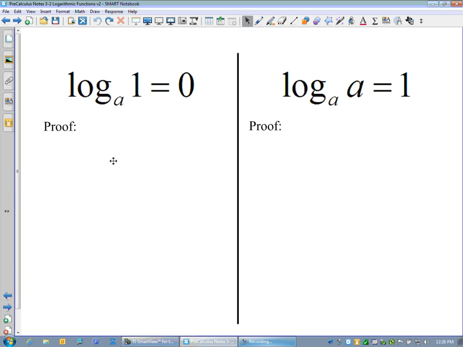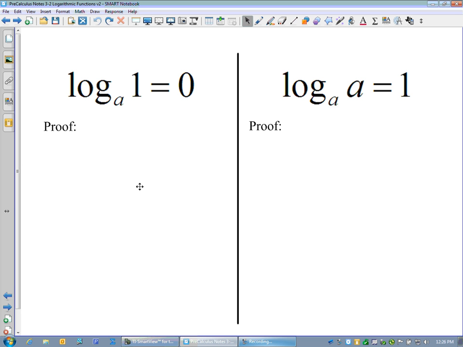All right, for that proof that I promised you, we're going to go ahead and prove both of those first two properties. We're going to start with the most generic, which is log base a. So later on, if we choose a to be the special number e, then this would also apply for natural logs as well. So log base a of 1 equals 0.